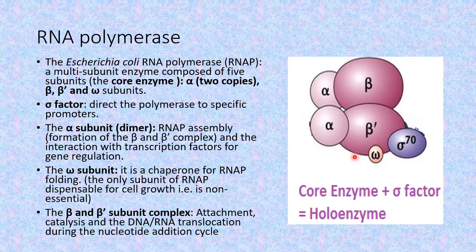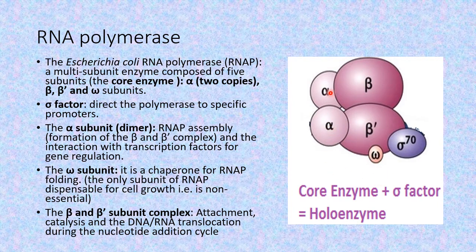And apart from that, a sigma factor is required so that these subunits may organize and thus form the holoenzyme. So the catalytic activity of this enzyme is because of these 5 subunits.